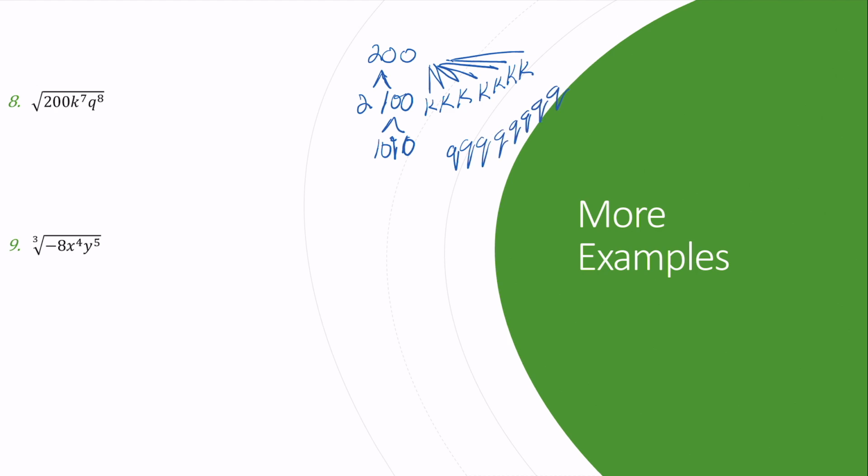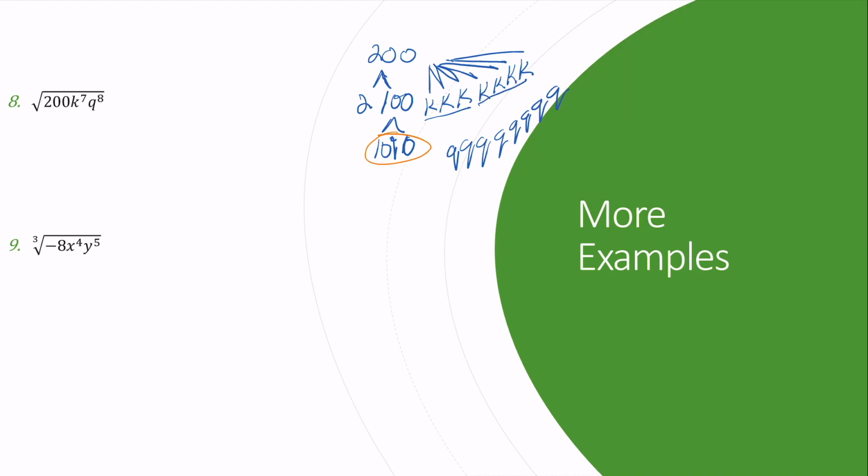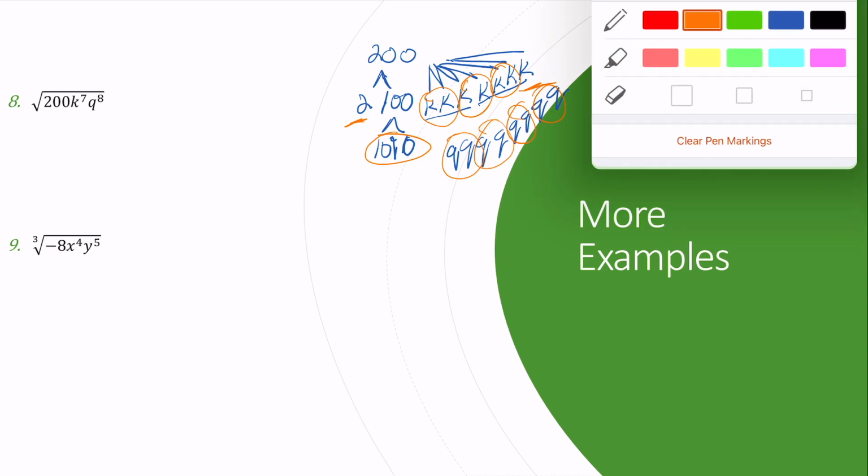So now I have 7 k's and 8 q's. So I'm collecting all the perfect squares. So I've got 10 squared, 3 k squareds, and 4 q squareds. So what's going to be left? 2 and a k is what's going to be left under my radical, because they don't have any partners.